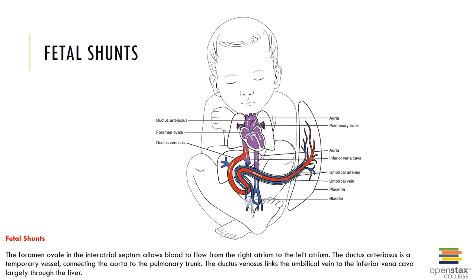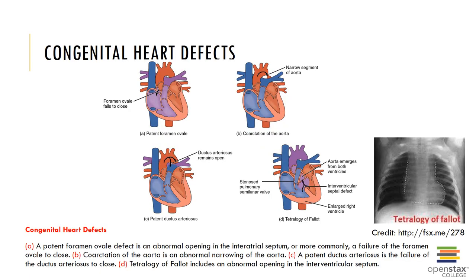The ductus venosus links the umbilical vein to the inferior vena cava, largely through the liver. Congenital heart defects are shown here. You can see a foramen ovale defect is an abnormal opening in the interatrial septum, more commonly a failure of the foramen ovale to close.